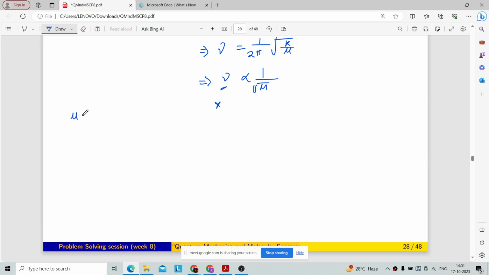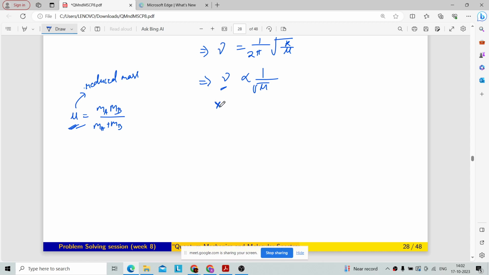The reduced mass. This is Ma times Mb over Ma plus Mb. So for isomers, the dominating change will come from the reduced mass. That's why we wrote the frequency in terms of the reduced mass.